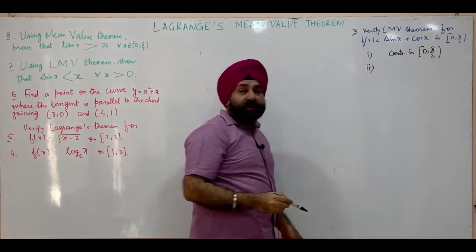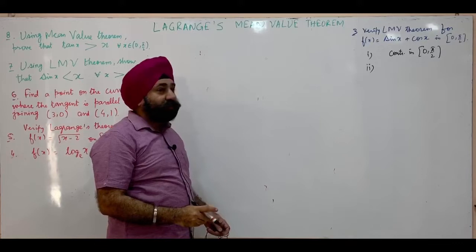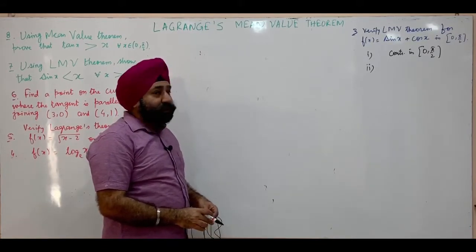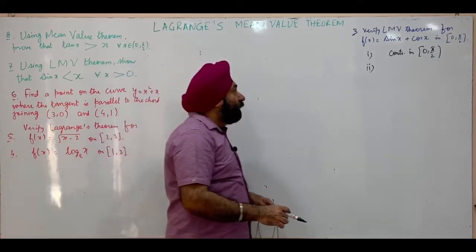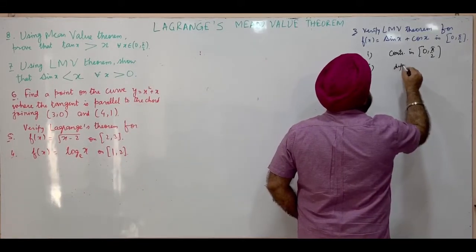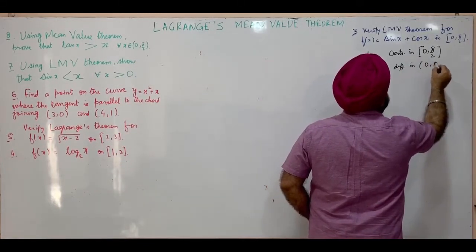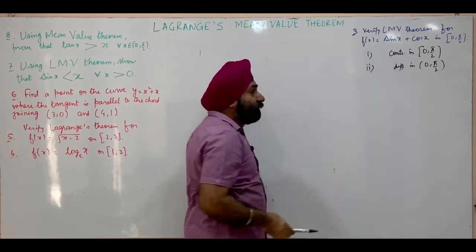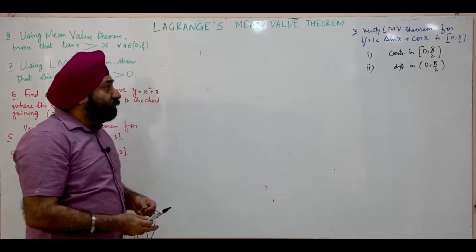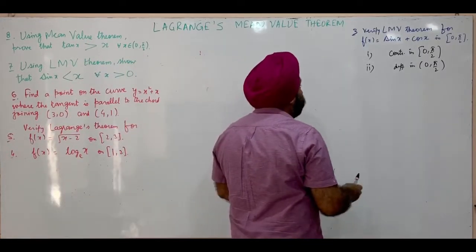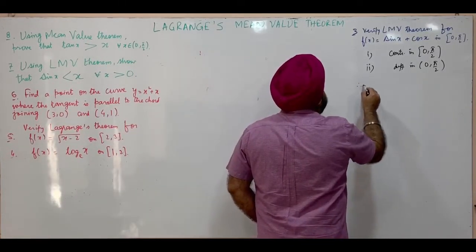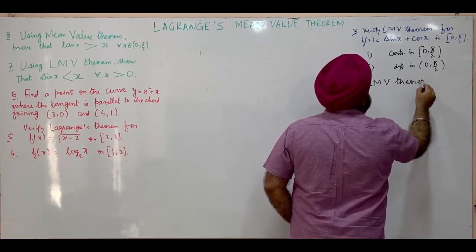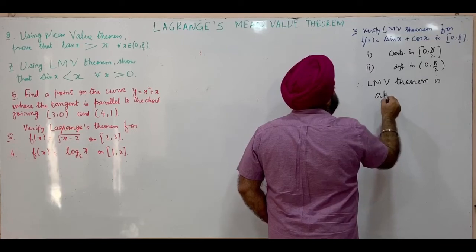Second, sine function is differentiable everywhere. Cos function is differentiable everywhere. Therefore, f of x is differentiable everywhere, in particular in the open interval 0 to pi by 2. This function satisfies both the conditions of Lagrange's theorem. Therefore, Lagrange's mean value theorem is applicable to f of x.